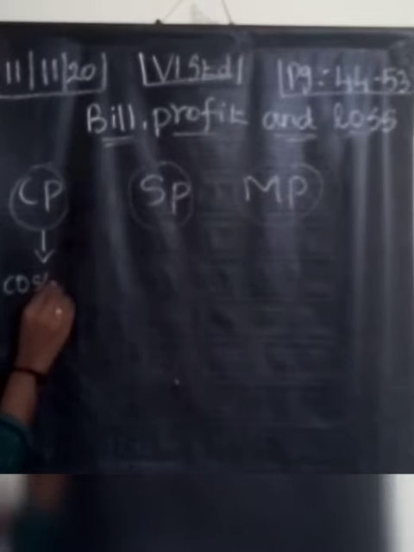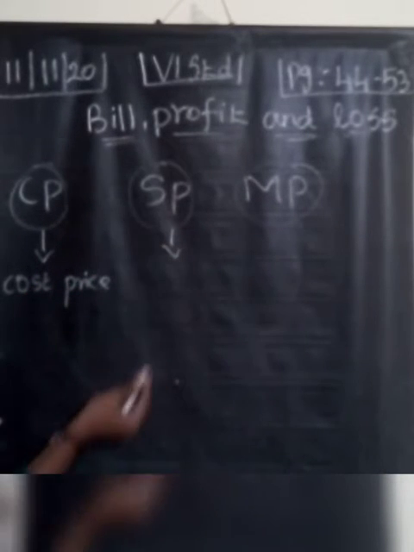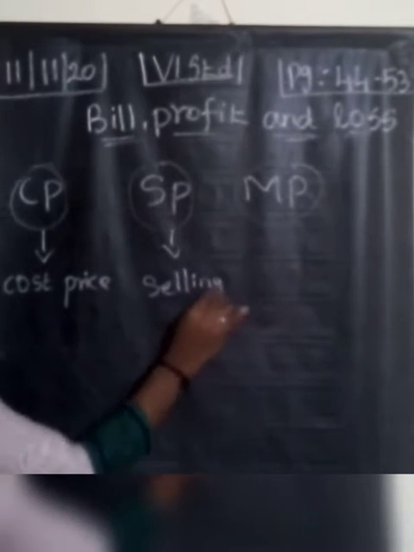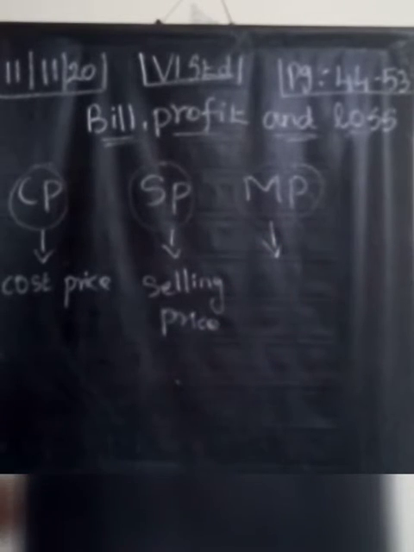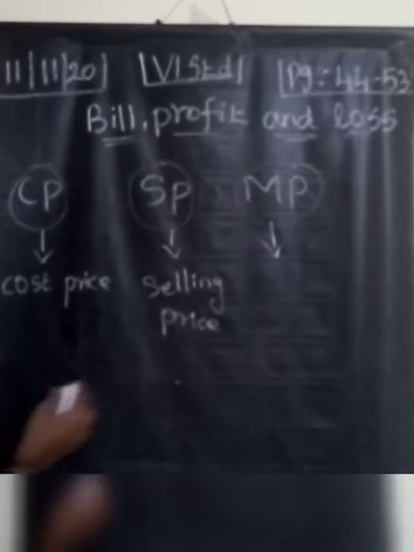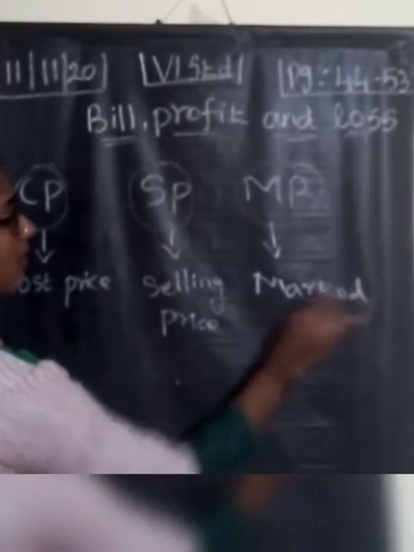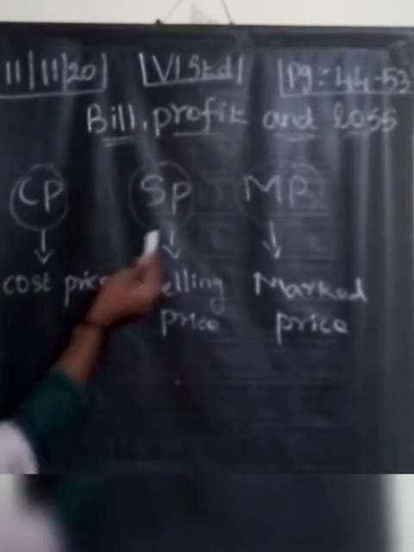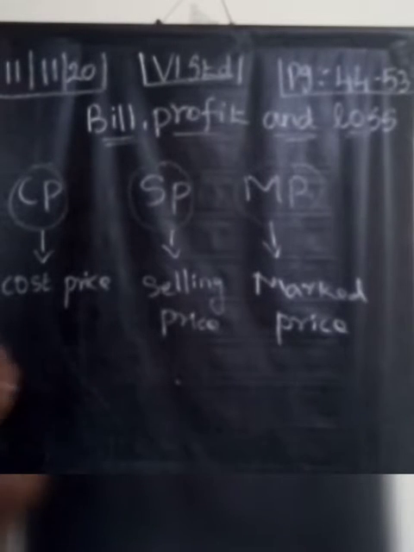CP stands for cost price. SP stands for selling price. MP stands for marked price.